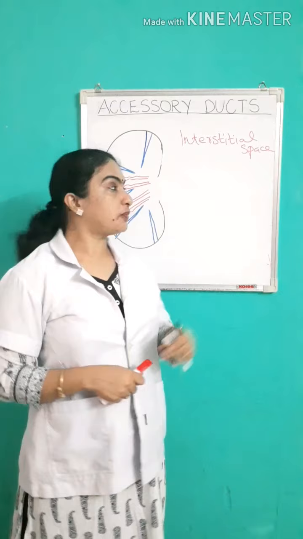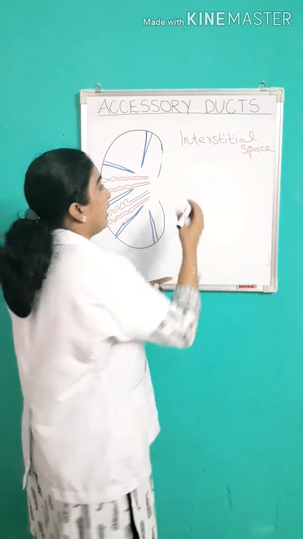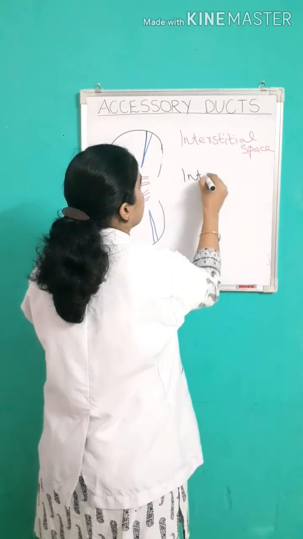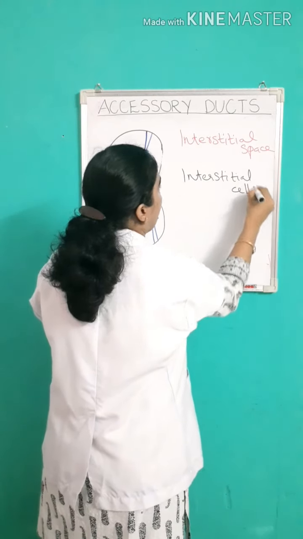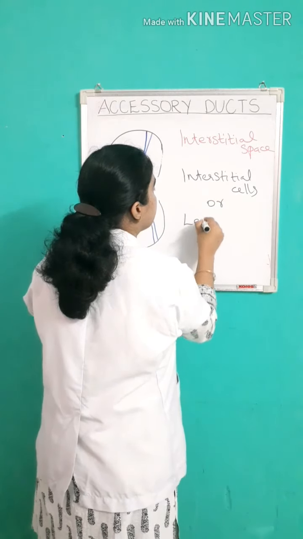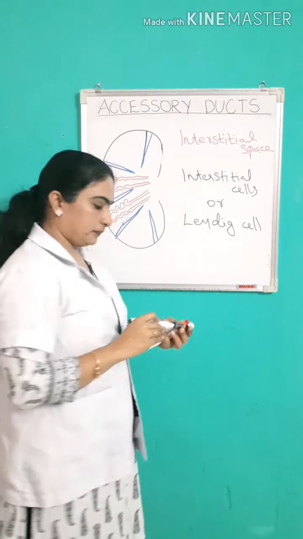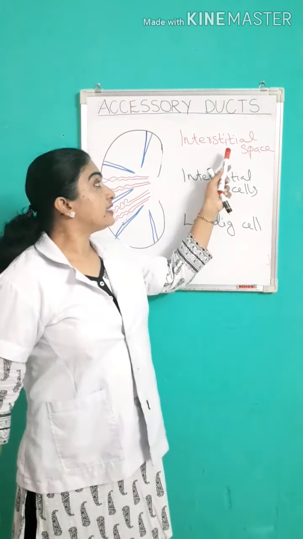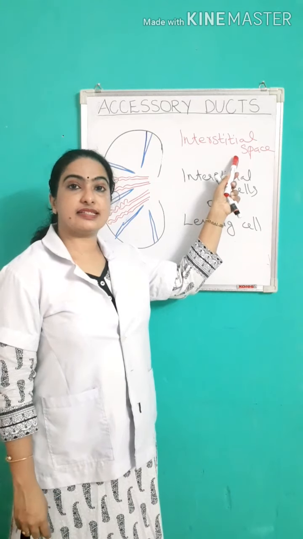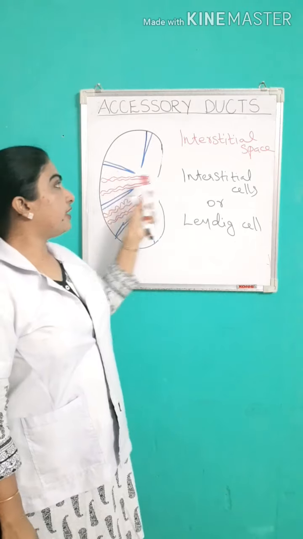The cells present in the interstitial space are known as interstitial cells or Leydig cells. So these are the glandular cells present in the interstitial space, the space outside the seminiferous tubule.